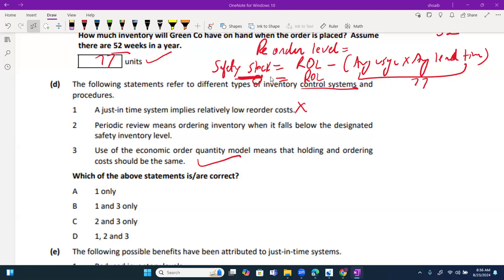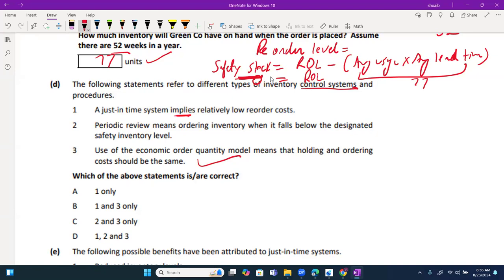In order to be an effective just-in-time, your per order cost should be minimum, because you have to order again and again. So it is saying that a just-in-time system implies relatively low reorder cost. It implies that order cost should be lower.